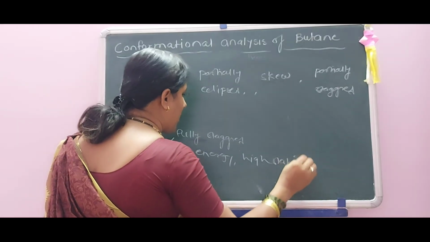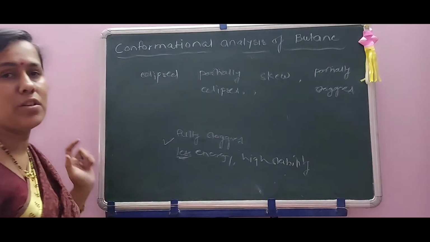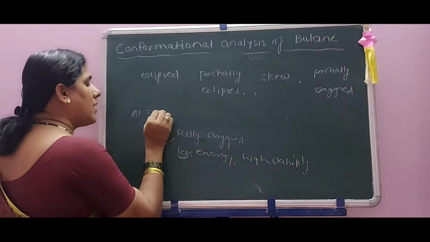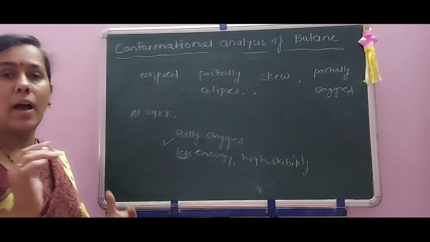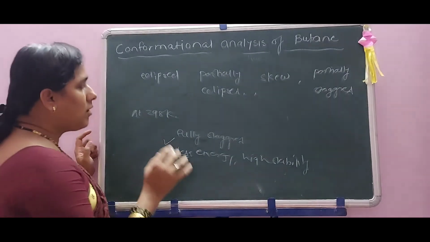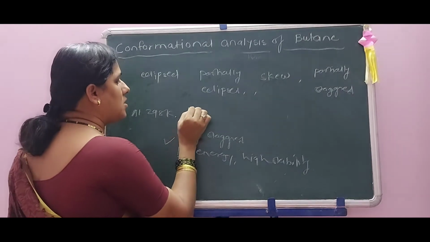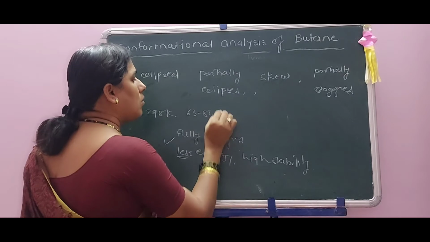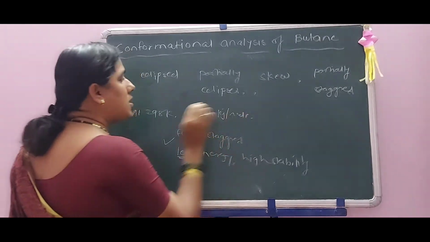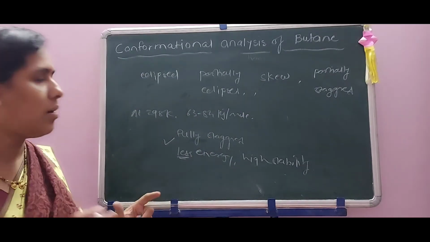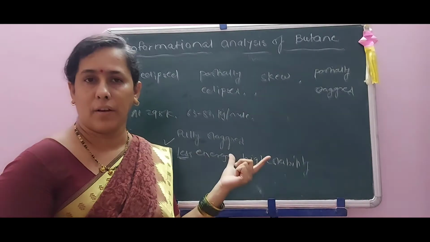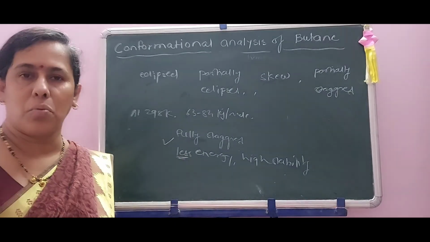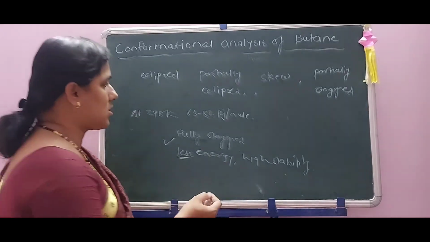Now at normal room temperature, that is at 25 degrees Celsius, or 298 Kelvin, the average energy available is 63 to 84 kilojoule per mole, which is sufficient to overcome the energy barrier of the strain due to the bulky CH3 group and the other strains also.